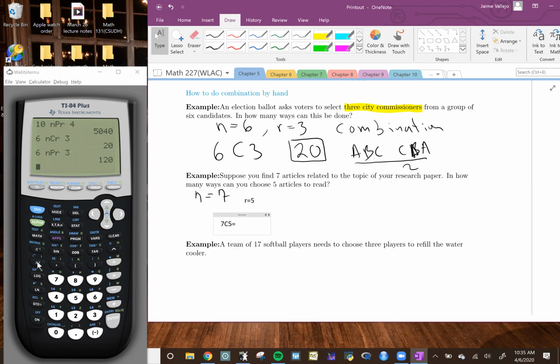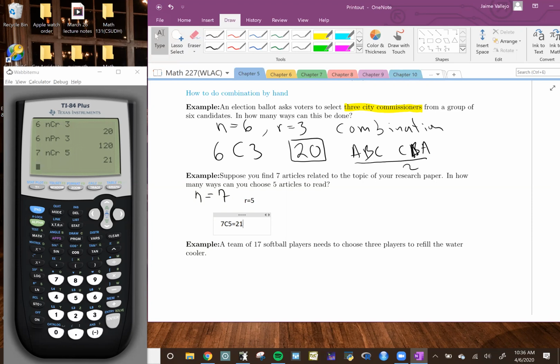We'll do math, PRB, nCr, and we'll say 5. And you get 21. So there are 21 different ways that they could select 5 articles out of the 7 articles. And that'll be it for the last problem.